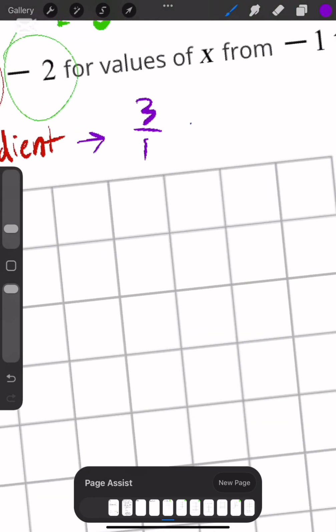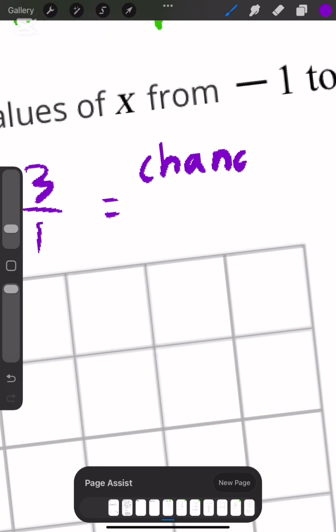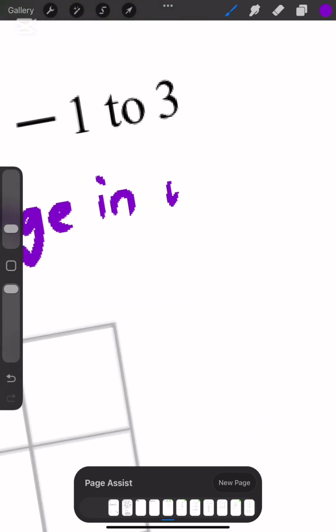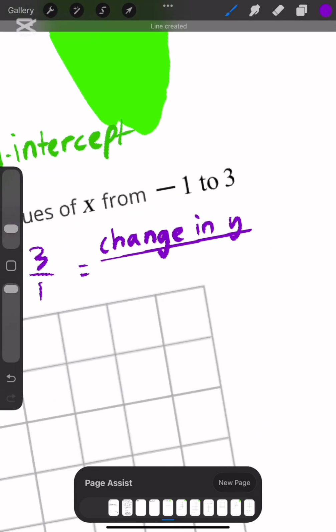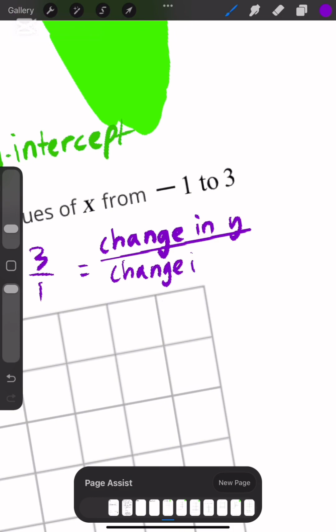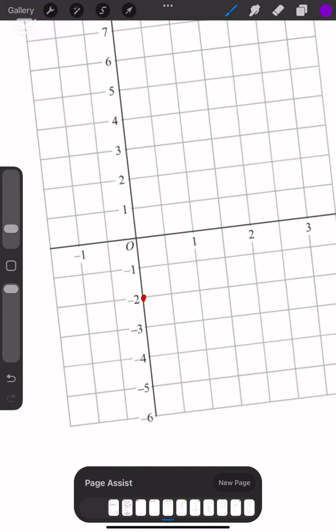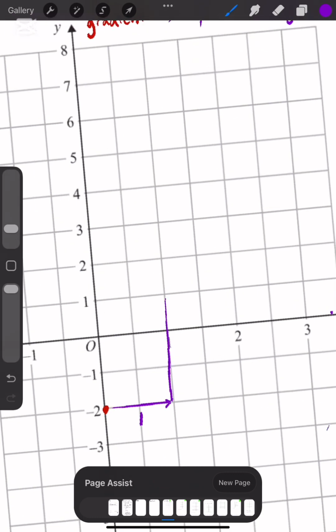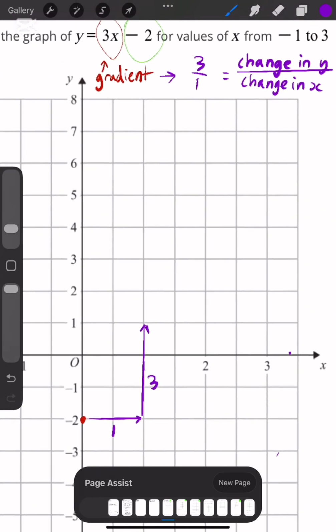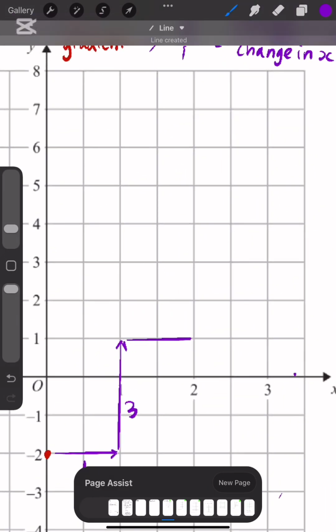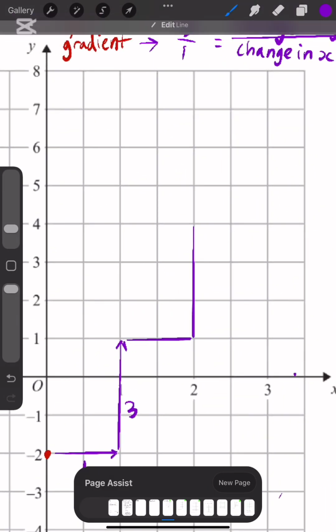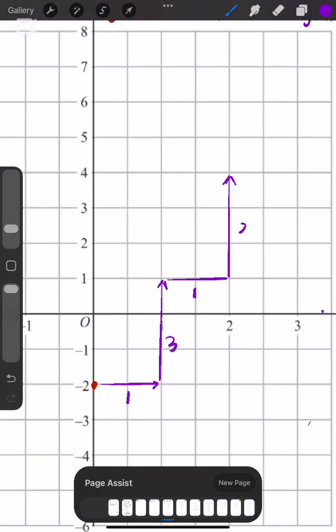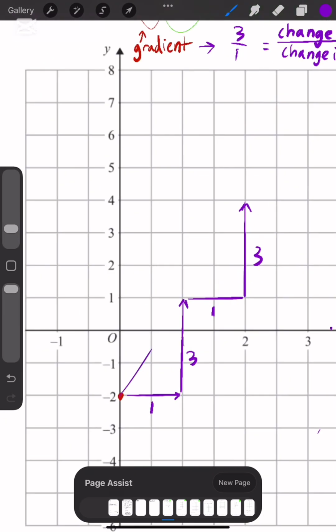So essentially, this means you're going 1 across and 3 up. So if the gradient was 5, you'd be going 1 across and 5 up. There we go, 1 across, 3 up, 1 across again, and 3 up again. And then we join up the points.